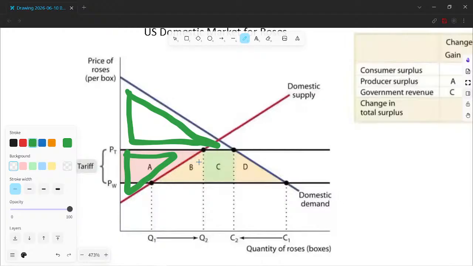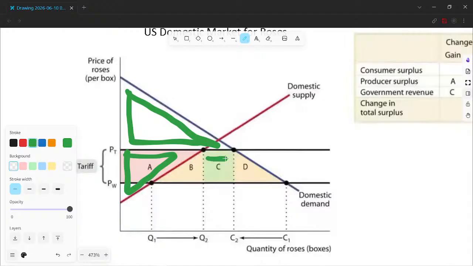And B, C, why is just C the government revenue? Oh, right, because for the goods still coming in, they're paying a tariff. Someone's paying a tariff.